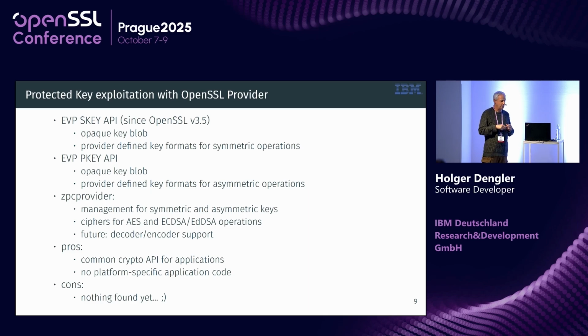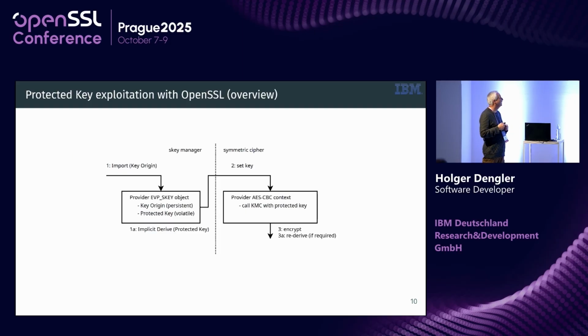This can be chosen by the configuration or the usage of the right key material. On the downside, I have not found any problem yet that could hinder us from doing so.